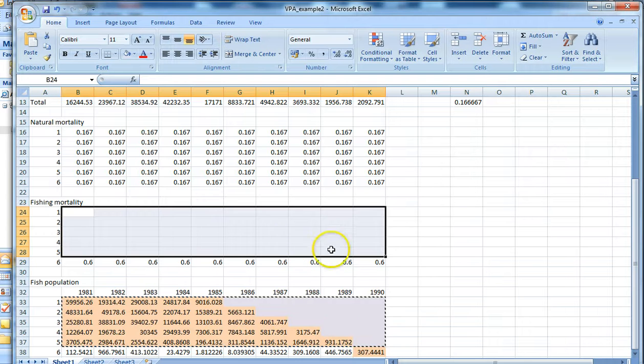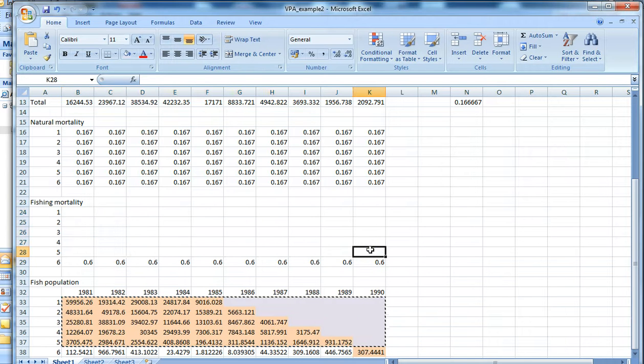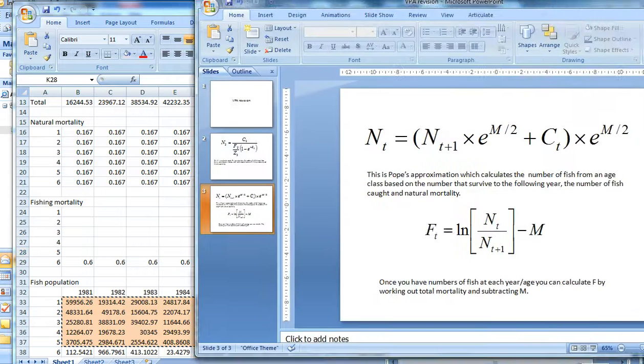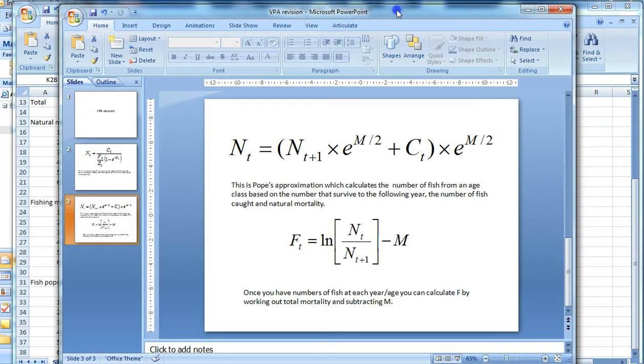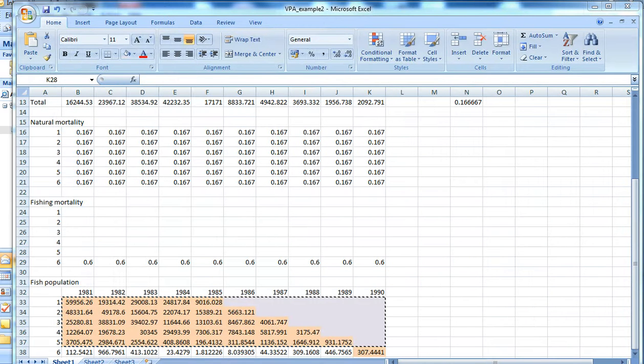Right. Okay, so I'm not going to be able to do the same ones that are grey in here, because when you look at Pope's method for working out what fishing mortality is, you need to have a number of fish around in 1 year and the following year. Okay, so let's just move that back.